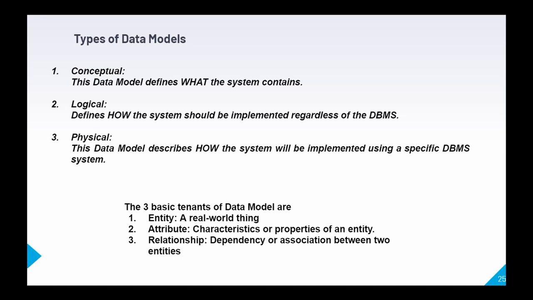And of course, you have the three basic tenets of data models. This is what we called earlier entity and attribute, and you have the relationships. These are the requirements when you are going to build your logical design.